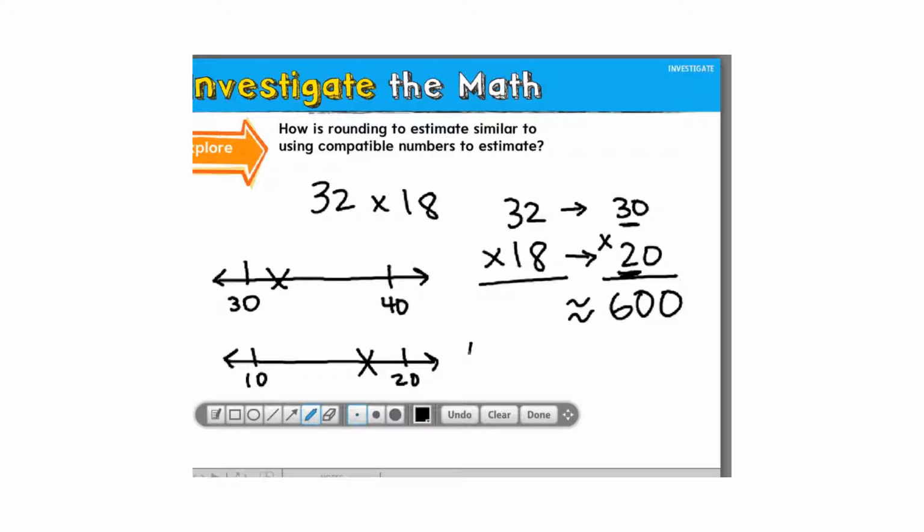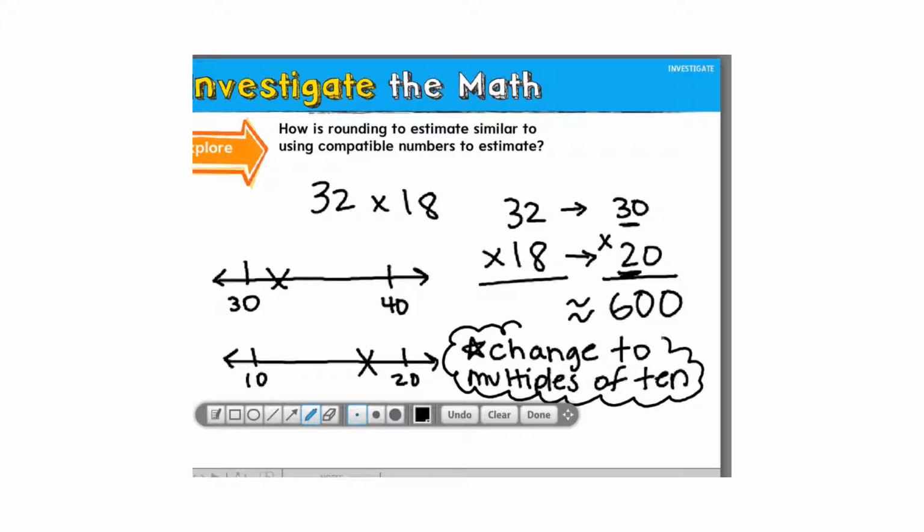So I want you to write that with a little star. Change to multiples of 10. You write everything that I write. That needs to be there, just in case you forget what we're doing. We're changing all the numbers to multiples of 10, either going up or going down, depending on where it's closer. Basically, we're rounding.